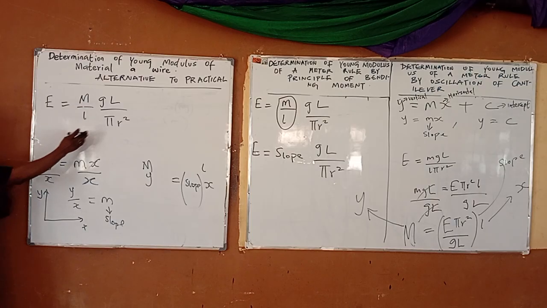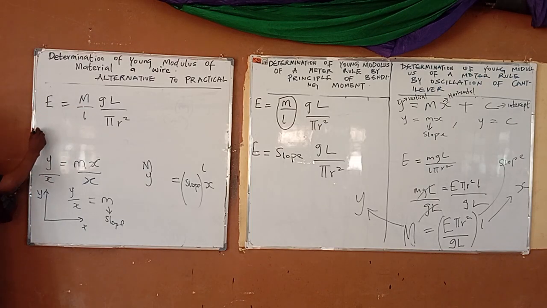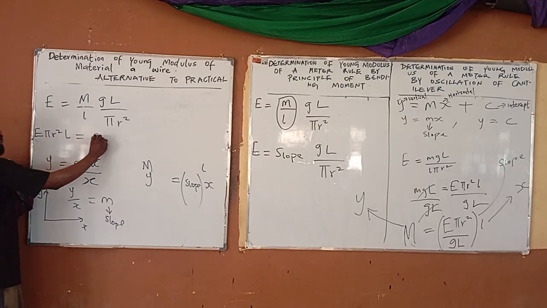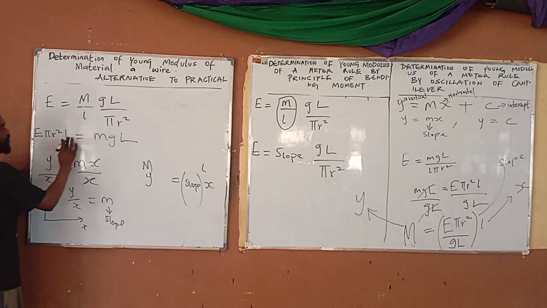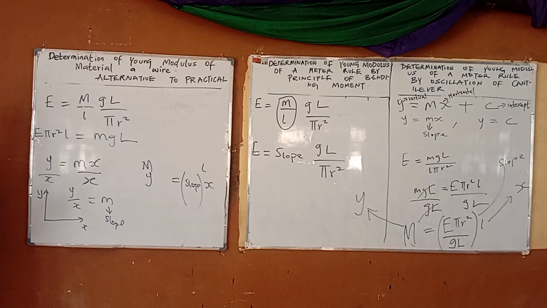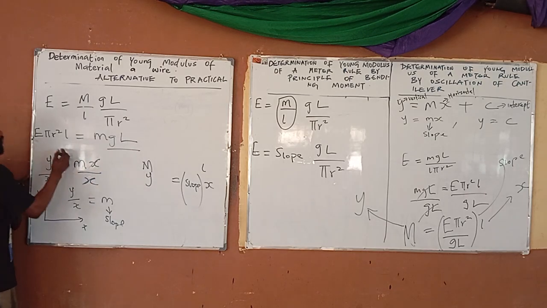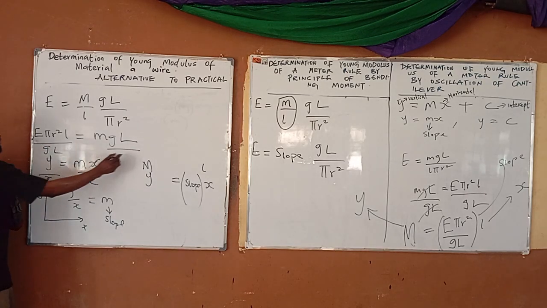If I make m the subject of the formula, it simply means that everything here will multiply this, so that I now have E pi r square l equals mg capital L. This one is small l, or you call it extension. So by the time you make this the subject of the formula, this will divide this. That is gL.